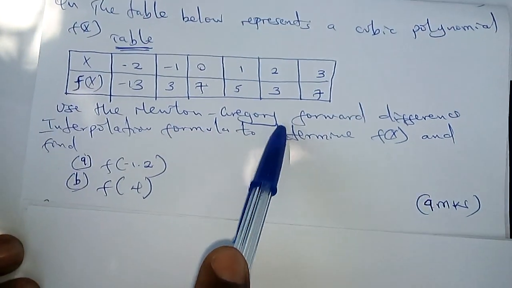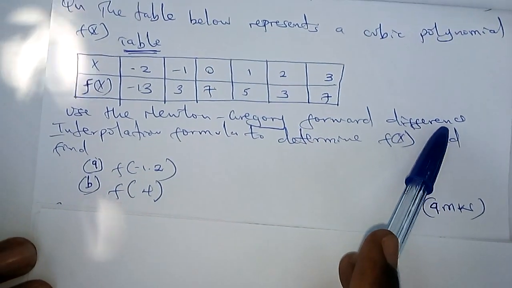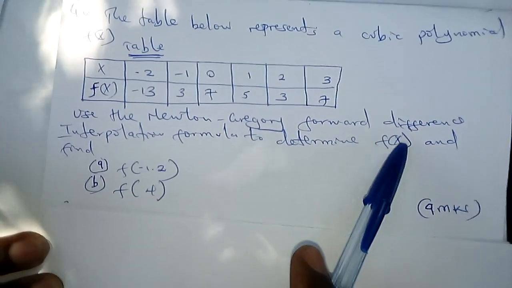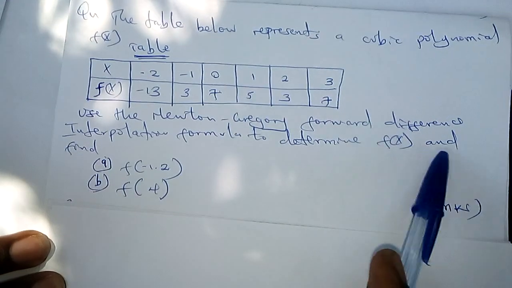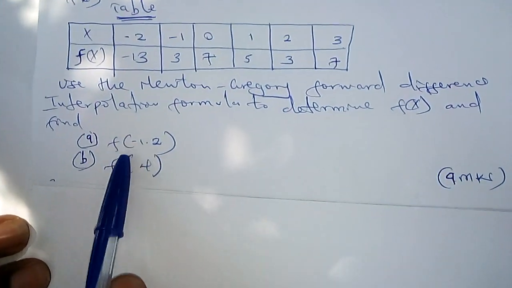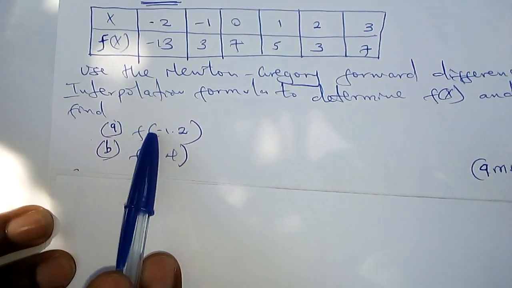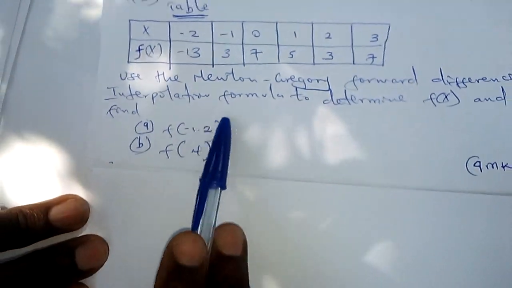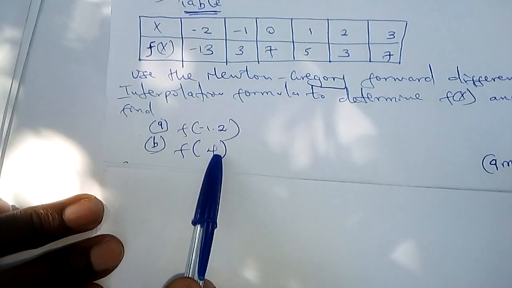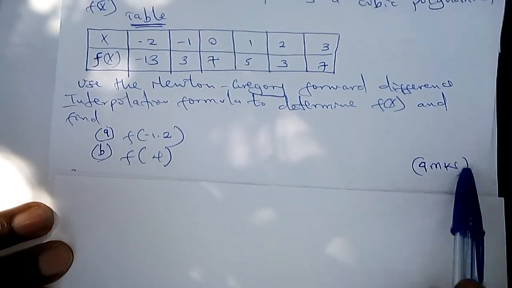Use the Newton-Gregory forward difference interpolation formula to determine f of x and find, part A, f of -1.2, then B, f of 4, and you can see it is 9 marks.